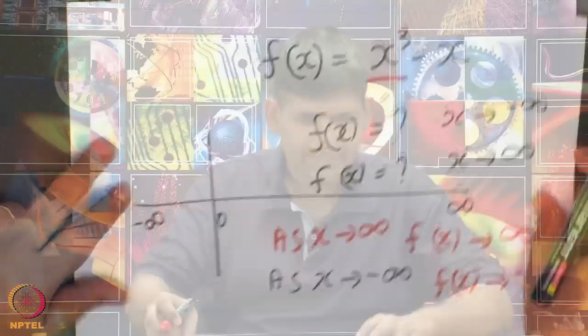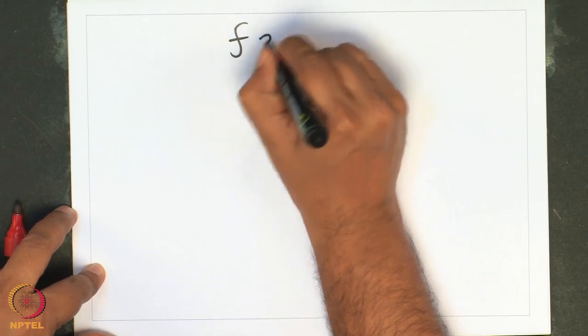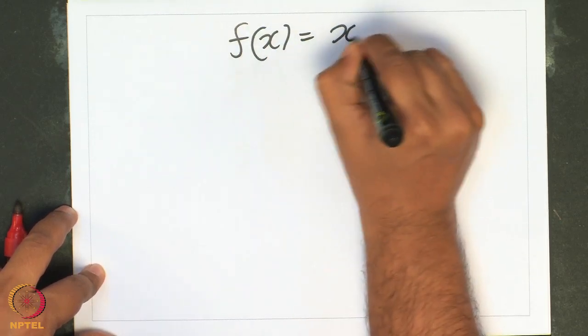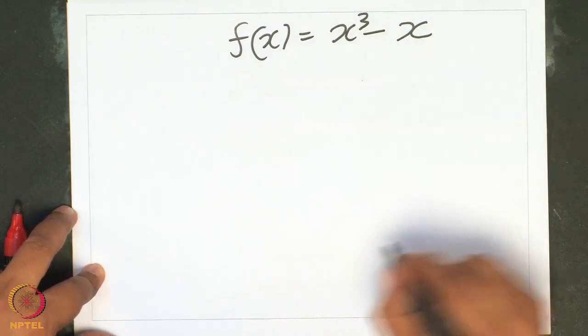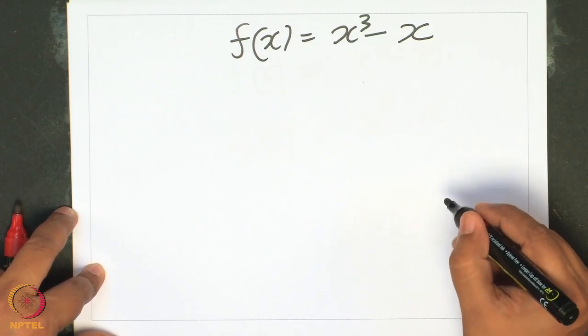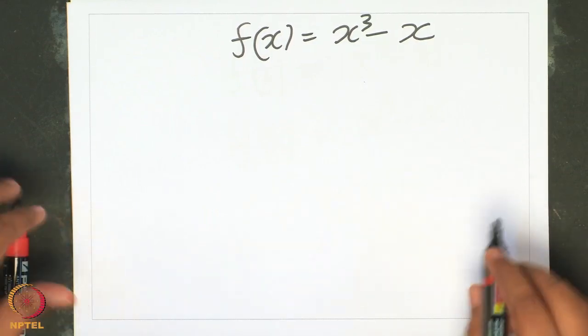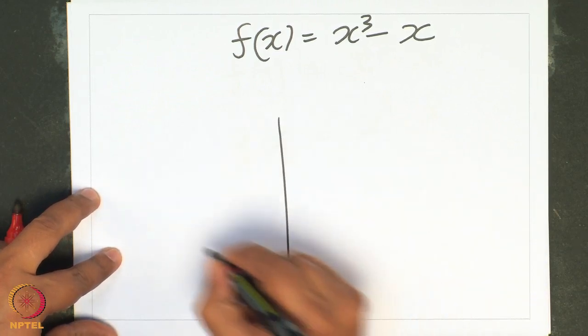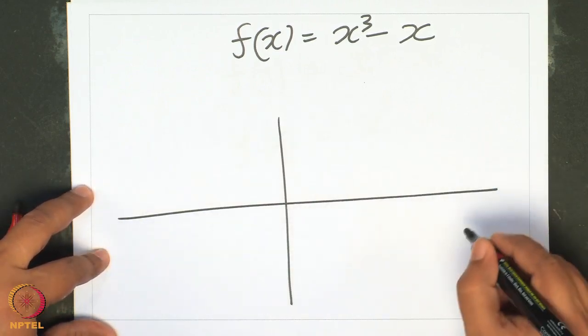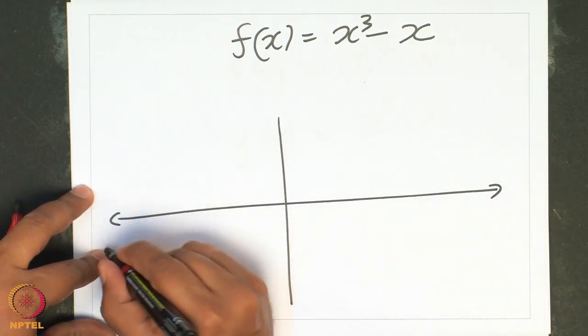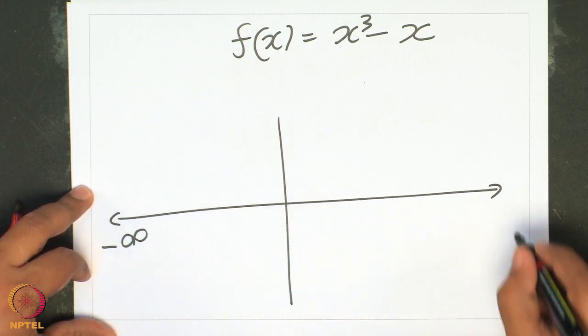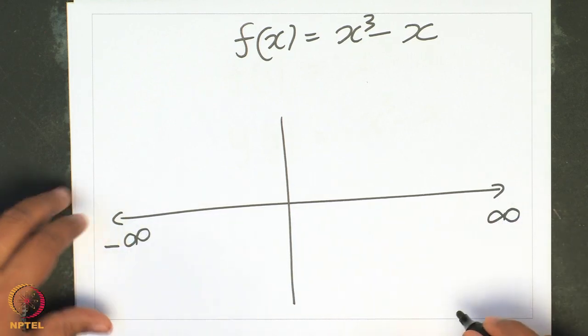So, let us take this paper and mark this properly. Our function is f of x is x cube minus x. Now, we are going to draw this from minus infinity to plus infinity. So, minus infinity far away here and plus infinity far away here.